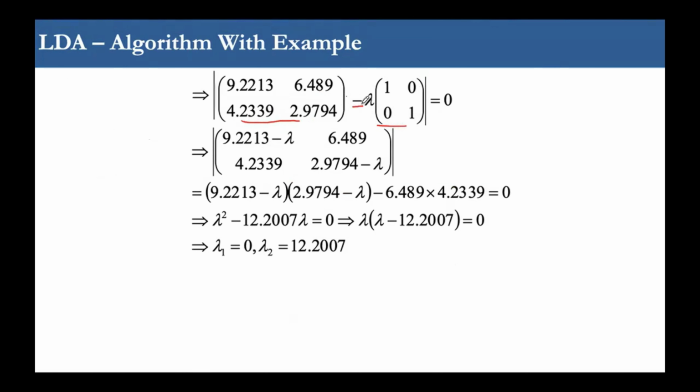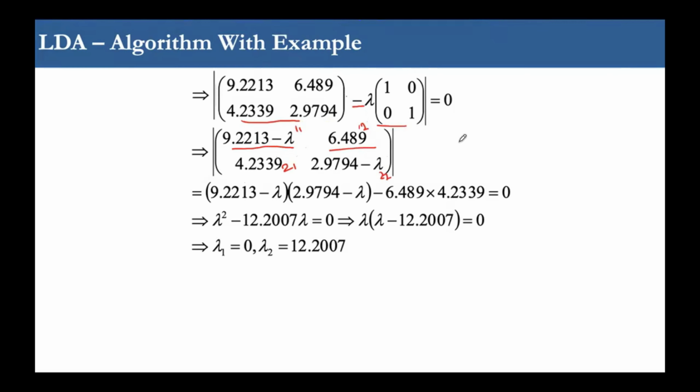We will be performing a subtraction with this matrix, so we will be getting these values, and we need to solve the determinant. You know how to solve the determinant. This is element 1 1, this is 1 2, this is 2 1 and 2 2.